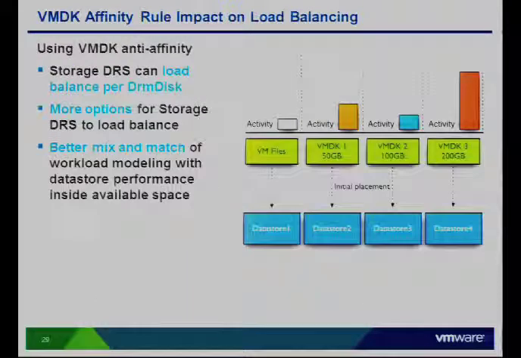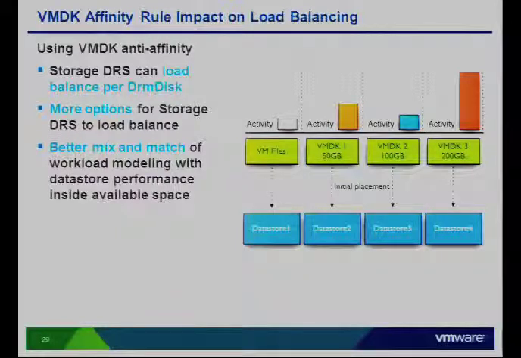So let's have a look at the anti-affinity rule, where Storage DRS can place each DRM disk individually on a separate data store. Now, when we come back to the example of the VM with the 350 gig, Storage DRS does not need to find a data store with 350 gig available. It just needs to find data stores which can house each of the VMDKs.